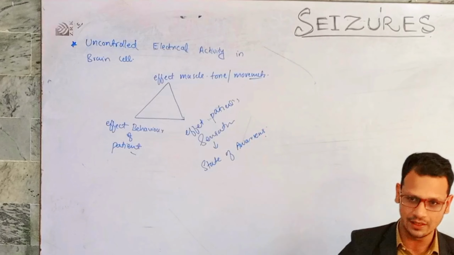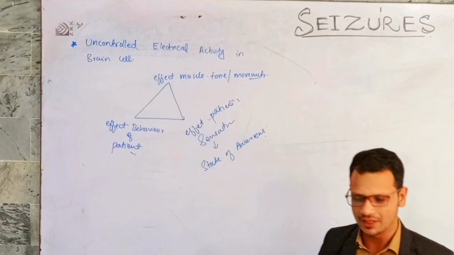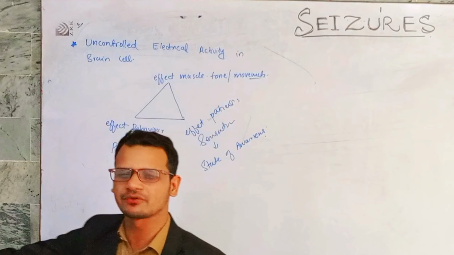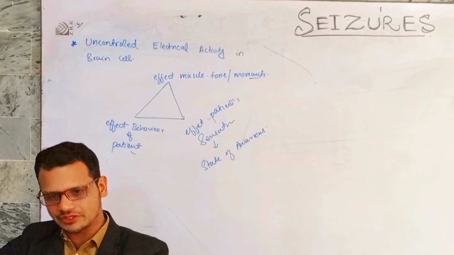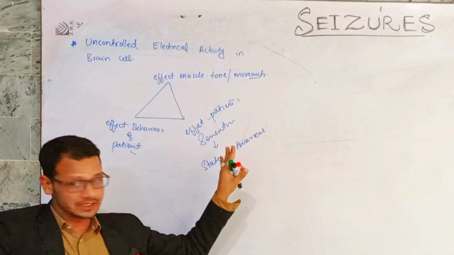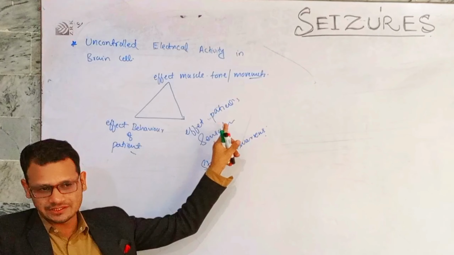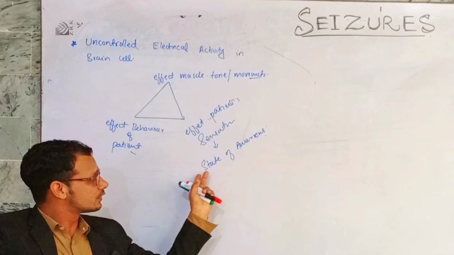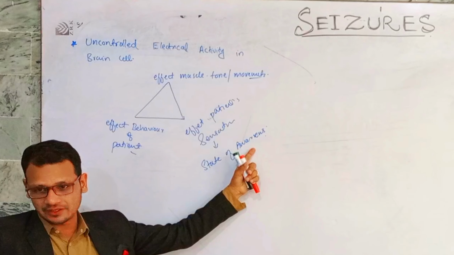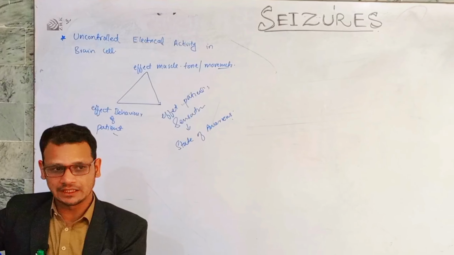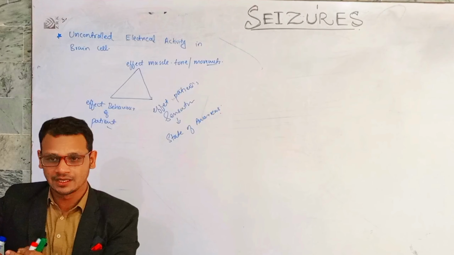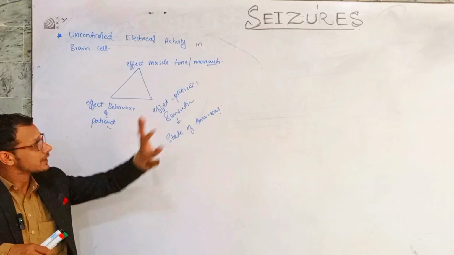After that seizures will occur. Seizures are of many types. In some seizures the patient will be unconscious, or in some types the patient will be in an aware state, right? But in severe cases after coma seizures take place. So state of awareness will also be affected, meaning that in seizure the patient will be confused, he or she will not be relaxed.